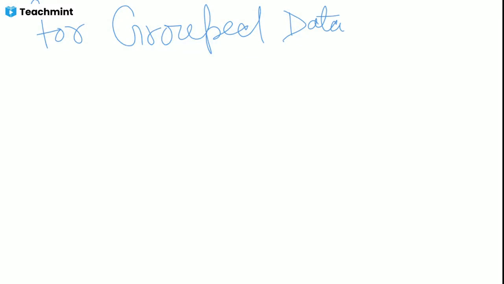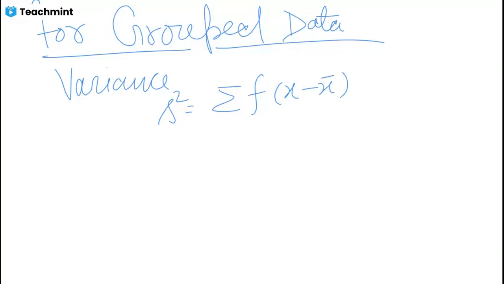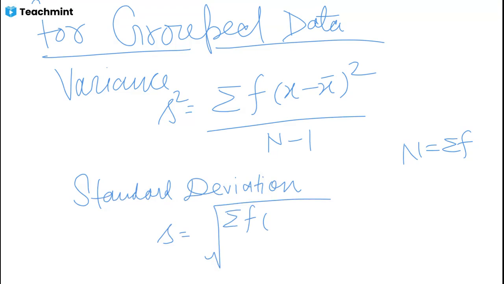So for group data, variance s square is equal to summation f into x minus x bar square over n minus 1, where n is equal to summation f, and standard deviation S is equal to the square root of summation f into x minus x bar whole square over n minus 1.